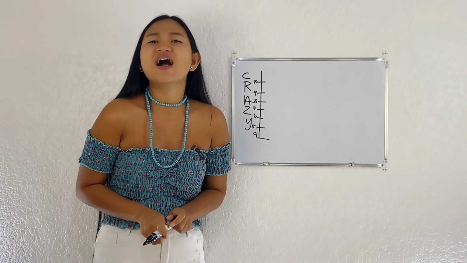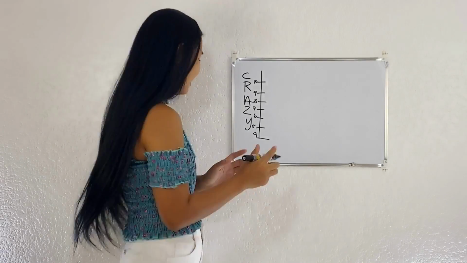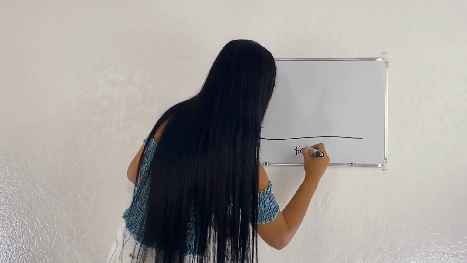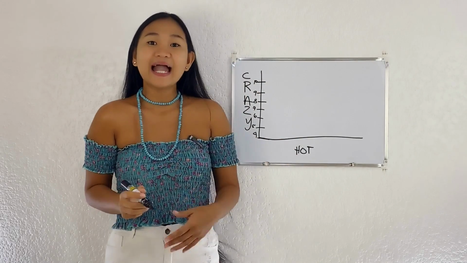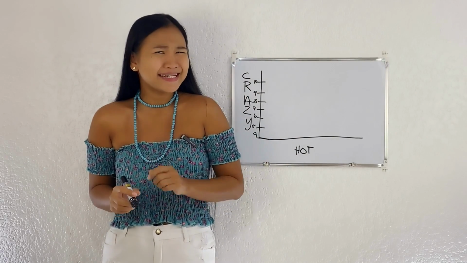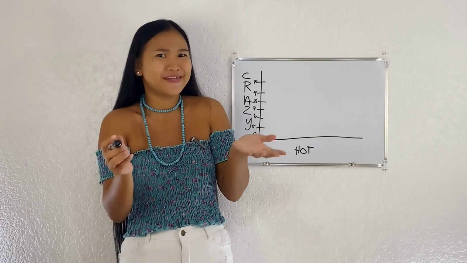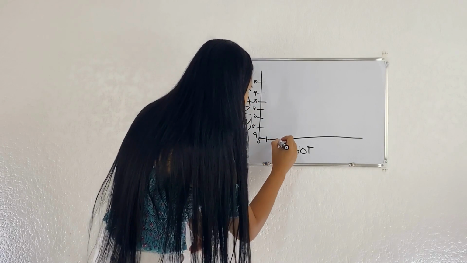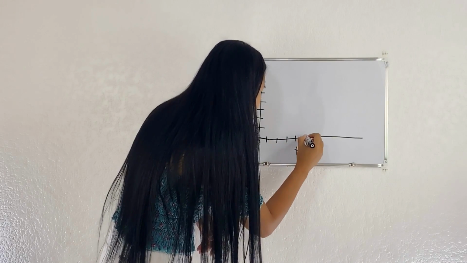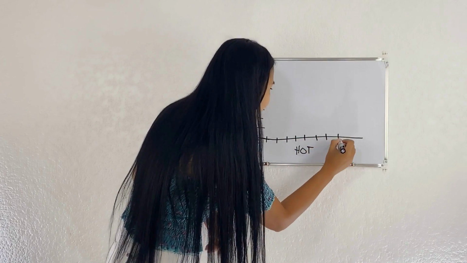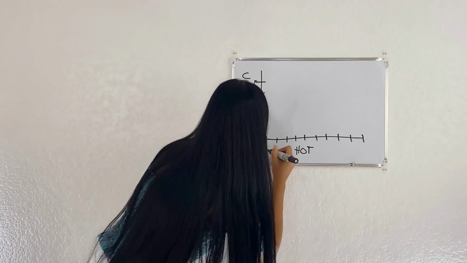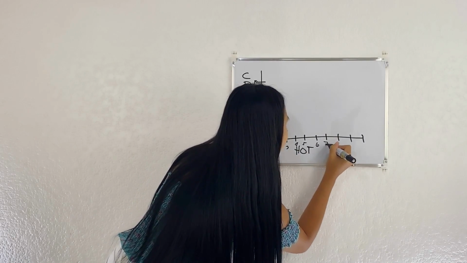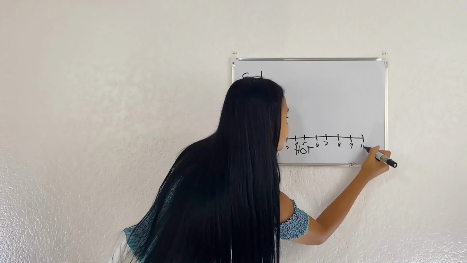Now we're gonna make hot our x-axis, and label it from 1 to 10 in the normal ways guys refer to the attractiveness of a woman. 1, 2, 3, 4, 5, 6, 7, 8, 9, 10.